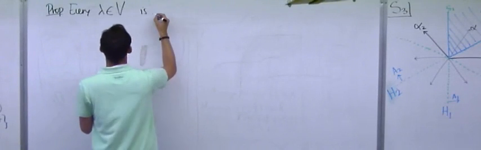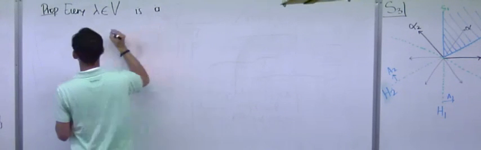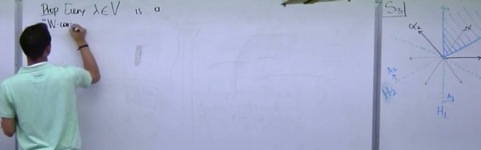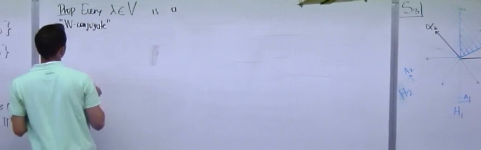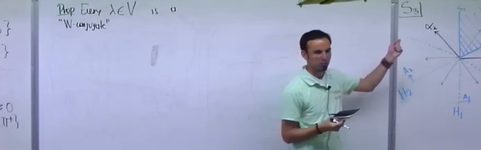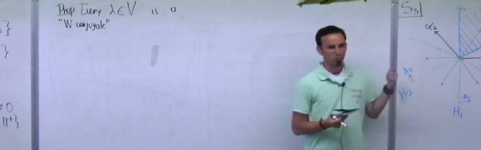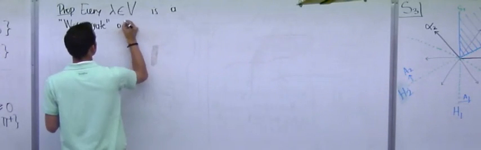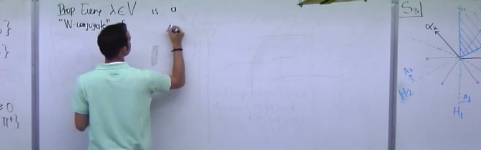And that's my next proposition. Every point in V is a W conjugate, and by W conjugate I just mean that you let W act on this mu.